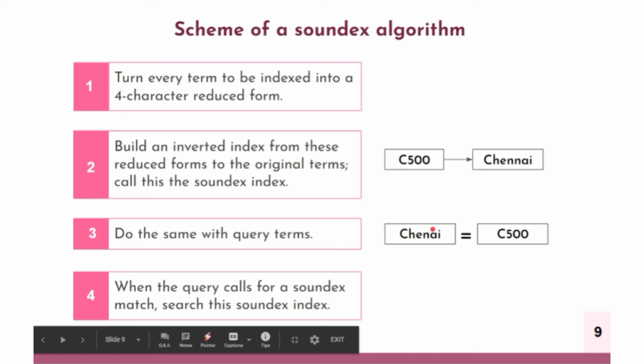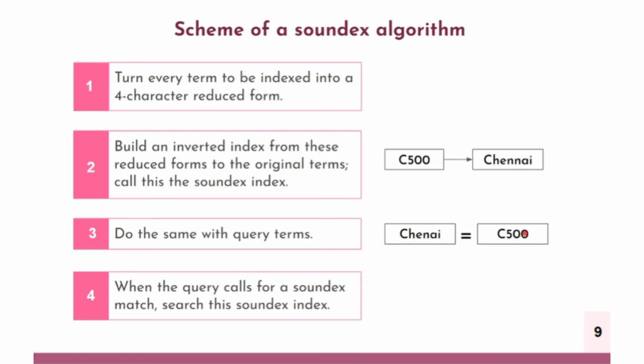So we have this phonetic hash of the query term with us. If there is a Soundex match that is called, we'll just search for this particular phonetic hash C500 in the collection of all the phonetic hashes that we had. So voila, we find this C500 in our collection, and then this is pointed to CHENNAI.